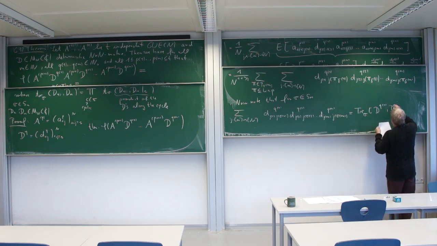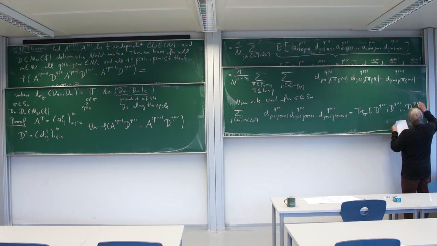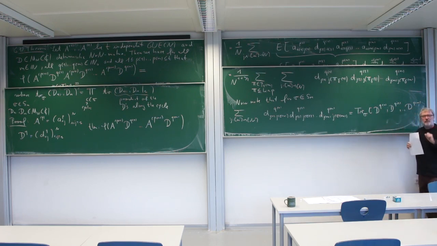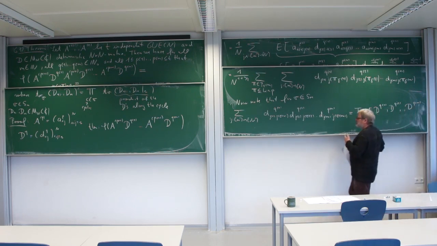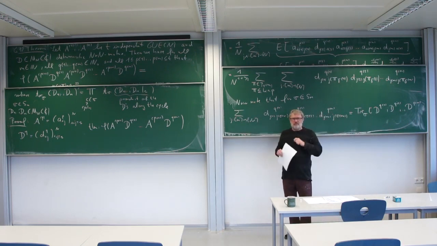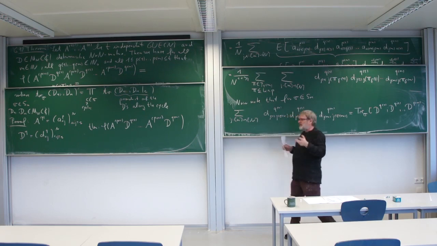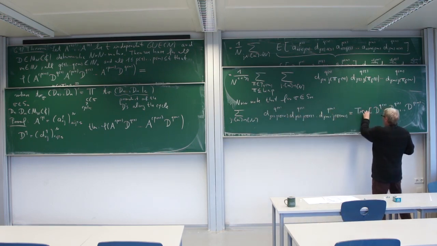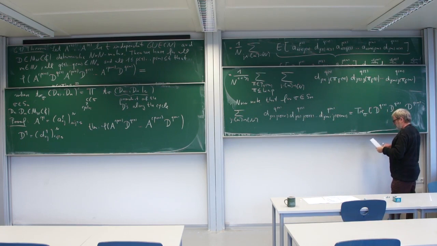Q1, Q2. So this means I'm multiplying the matrices which are showing up here, not just multiplying all of them, but just multiplying the ones which correspond to a cycle, and then I take the trace of them, and then I'm doing the same for all cycles, and so this means I get a product of traces, one trace for each of the cycles.